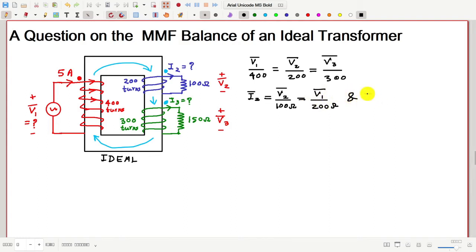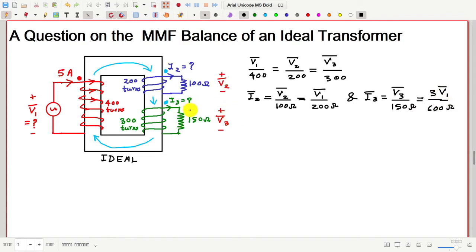Similarly, I3 will be V3 divided by 150 ohm, and in terms of V1, that will be 3 V1 by 600 ohm.